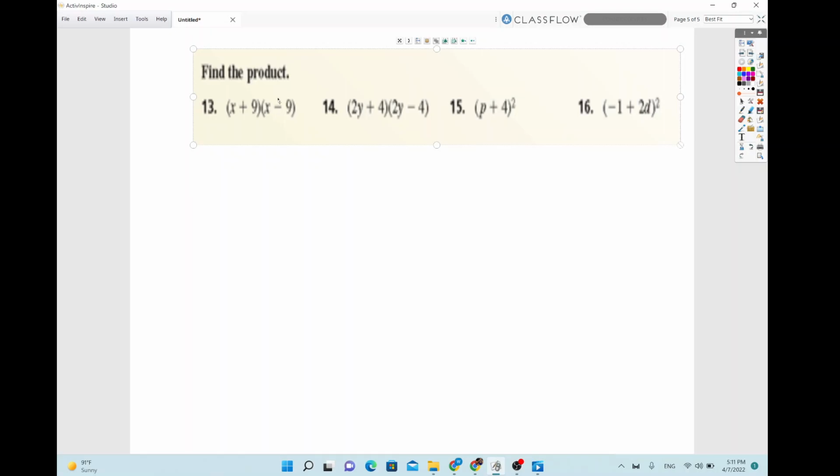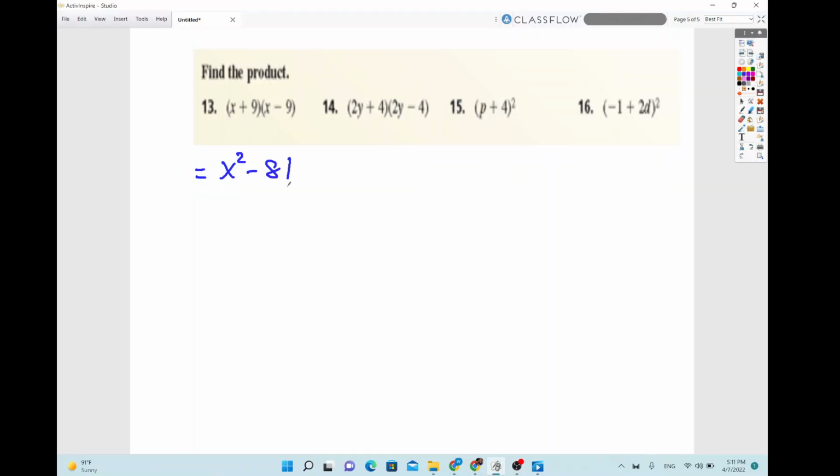Instead of FOILing the binomial, we can use the difference of two squares: x times x, x squared, 9 times negative 9, negative 81. And this one is similar, difference of two squares, because it shows the pattern a plus b and a minus b. So it's 2y times 2y, 4y squared, and then 4 times negative 4, which is negative 16.